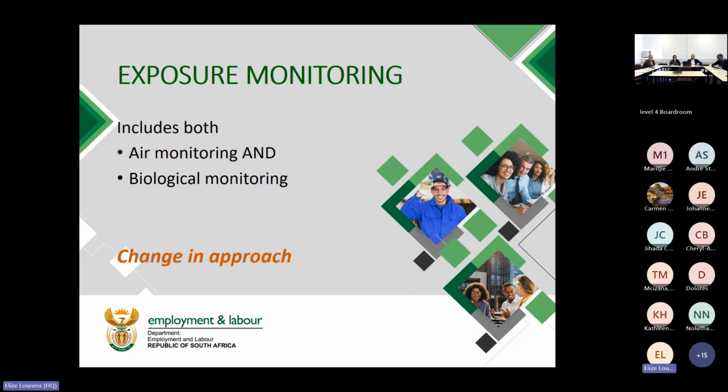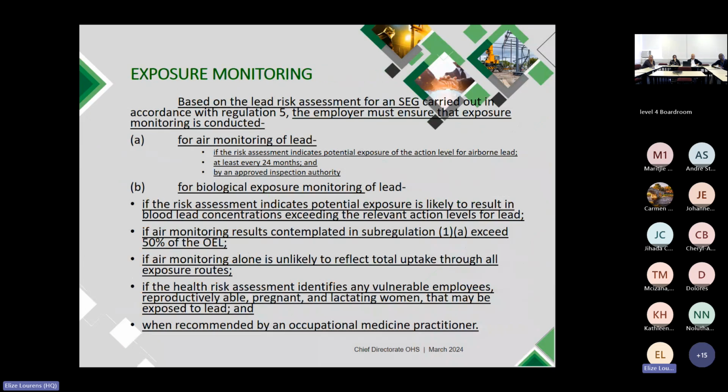It gives you an indication if the employees are overexposed or there is a potential for overexposure, and to trigger the applicable control measures. So you will see in the regulation for exposure monitoring, both air monitoring and biological monitoring are included there, which is a bit of a change from the previous regulation.